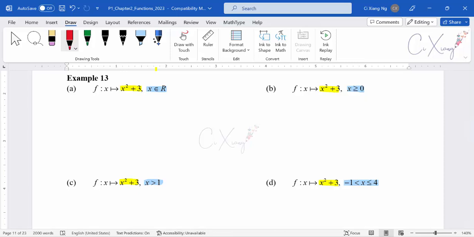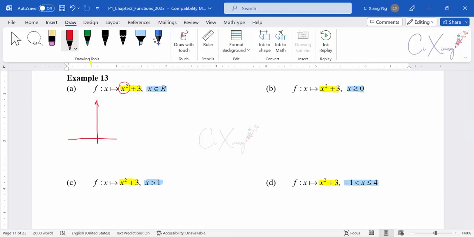In a simple way, we can generally sketch the graph by using the transformation concept that we learned earlier. As an example, take x squared plus 3 here. The basic function comes from x squared, and then you have a plus 3 outside the basic function, which means you are moving it 3 units up from the original graph.